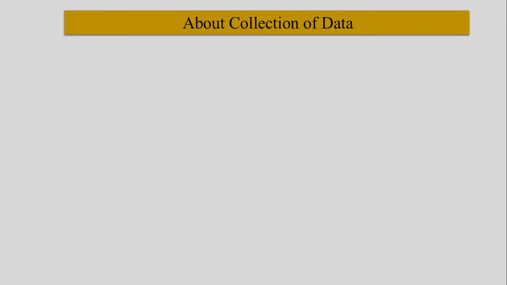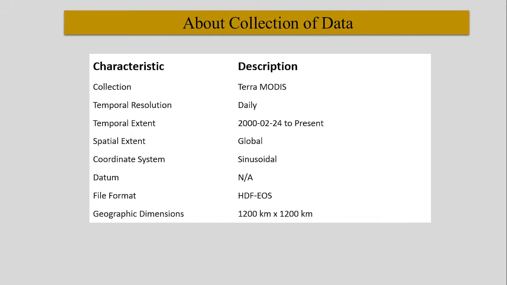Again, let's go to the collection of the data. Before starting the process, you have to know what the MODIS data is and the details of the data. The collection of the data is Terra MODIS, and the temporal resolution of the data is daily. The MODIS version 6 land surface temperature is provided on a daily basis.